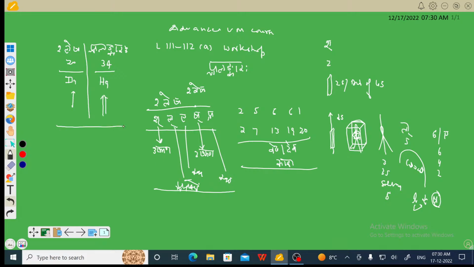In between, the happening is going to be of the spatial order, value 6, that is H2.